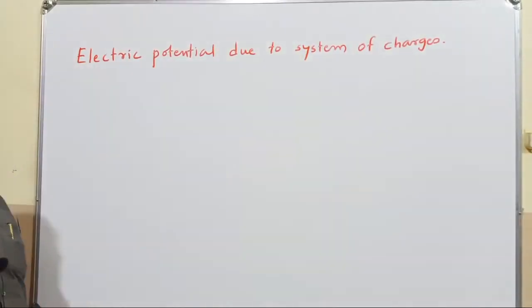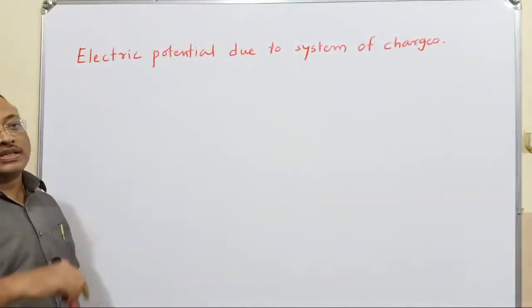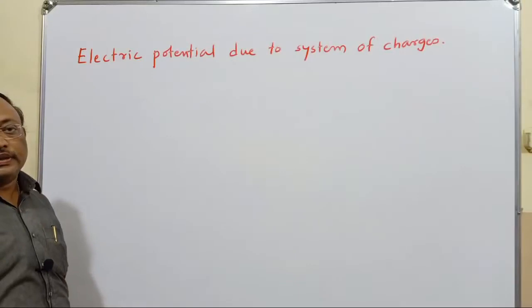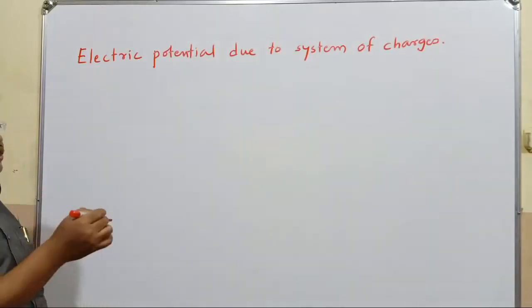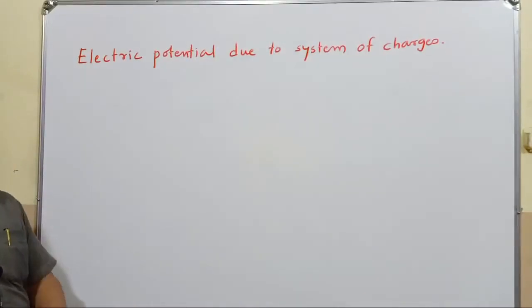So for a system of charges, if more number of charges are present, then we will find out the electric potential at any one point.